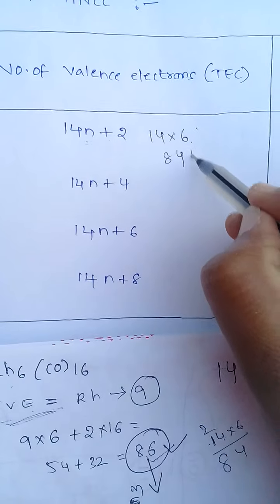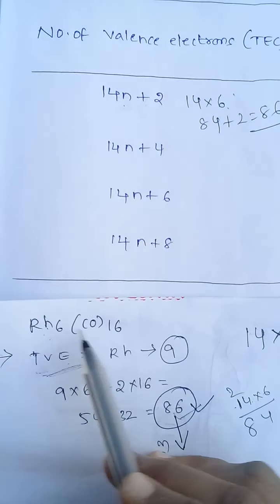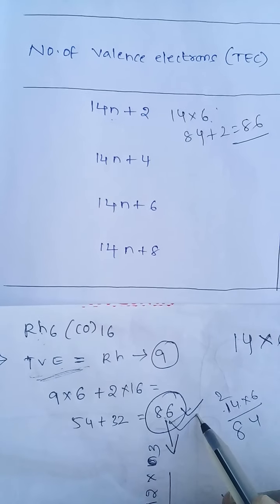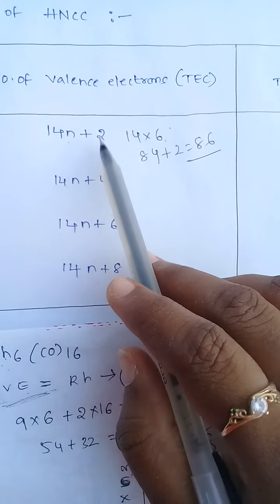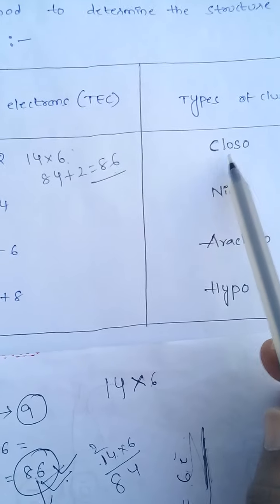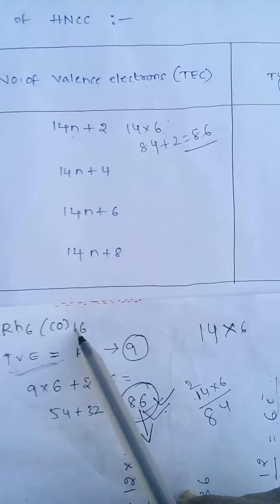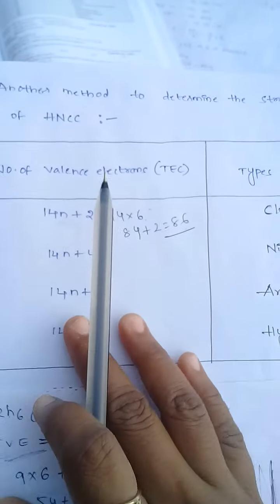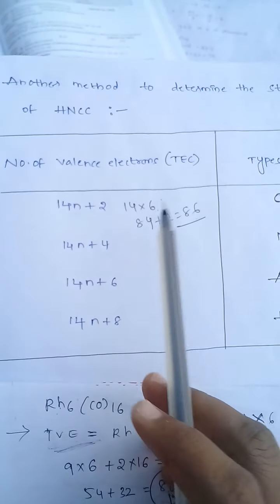If we add plus 2 we get 86. So for Rh6(CO)16, 86 valence electrons are having. So 14n plus 2 equal to 86. So the type of cluster is closo. Rh6(CO)16 is closo. So like this we have to find the type of cluster based on the total valence electrons.